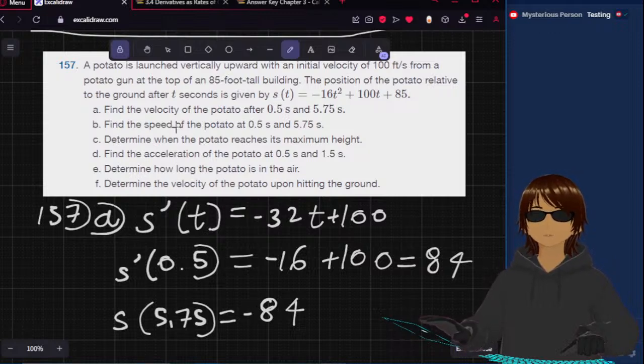Find the speed of the potato at... wait, what do they mean after and at?